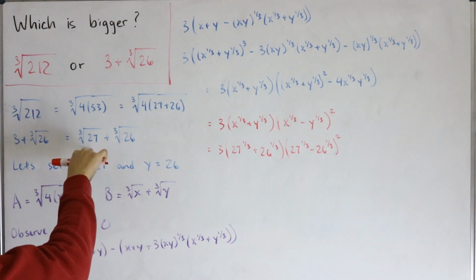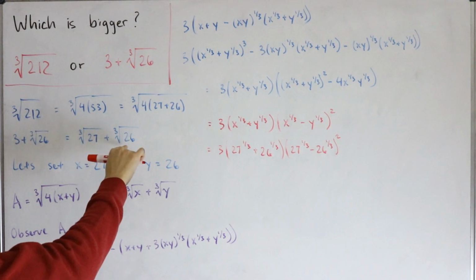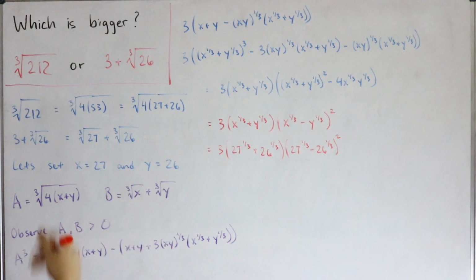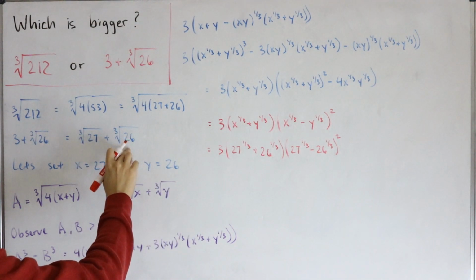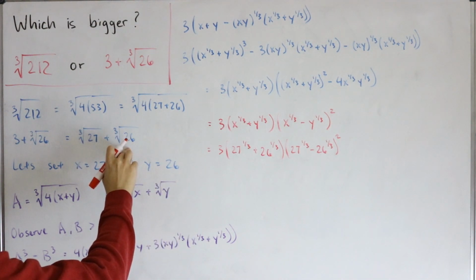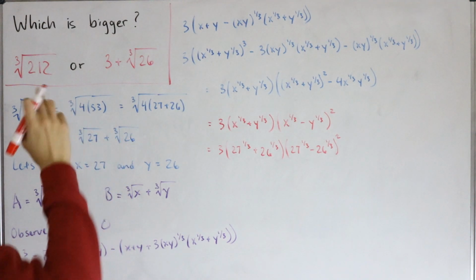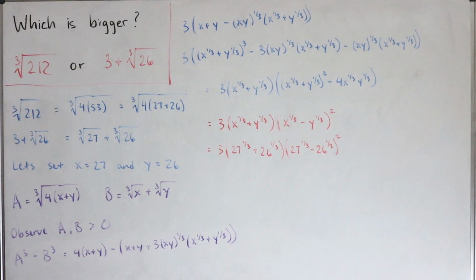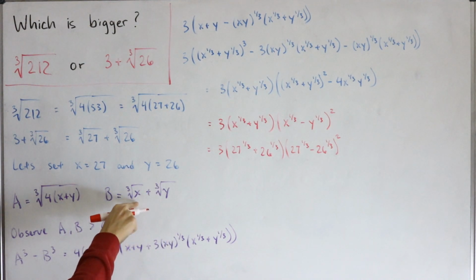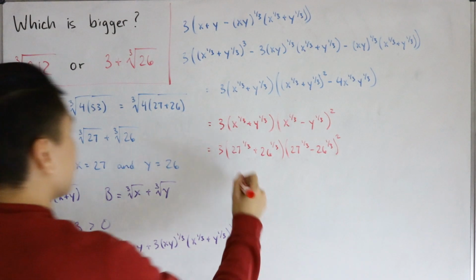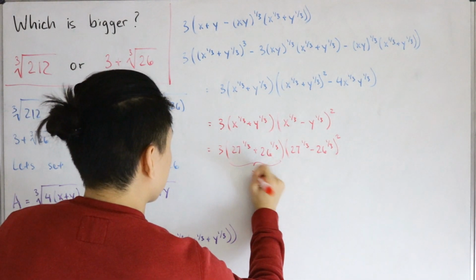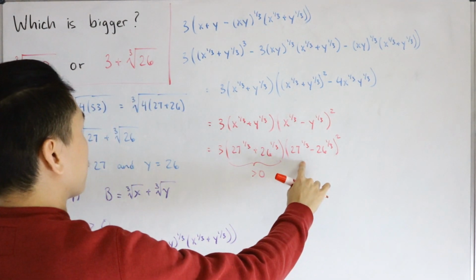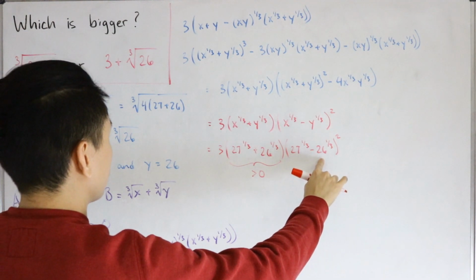We can already notice since this is 3, that's a positive number, but the cube root of 26 doesn't equal an integer. We know it's less than 3, but it's also greater than 2 since the cube root of 8 equals 2, so it's in between that range. So we know that's a positive number, therefore this itself is a positive number when you put 27 and 26 back. So this over here is greater than 0, and over here, this is 27 minus 26.